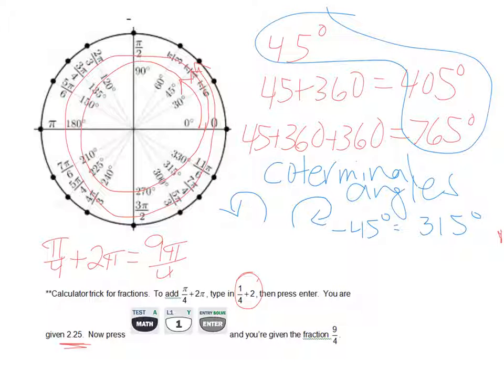So if you push math and then choose option 1, which is a little arrow, and then it says frac, so back to fraction, and then enter, then it'll give you 9/4, and then you'd put the pi back on. So 9 pi over 4 is what you would write. So just leave the pi's off, add it in your calculator, convert it back to a fraction, put the pi back on.